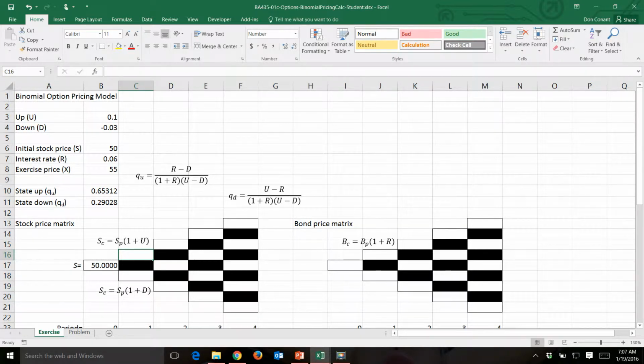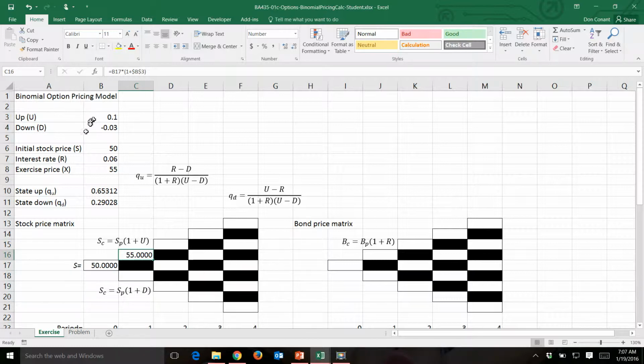The current stock price equals the preceding stock price times 1 plus the up percentage, and we're going to make that absolute because we can copy this to all of the up sides.